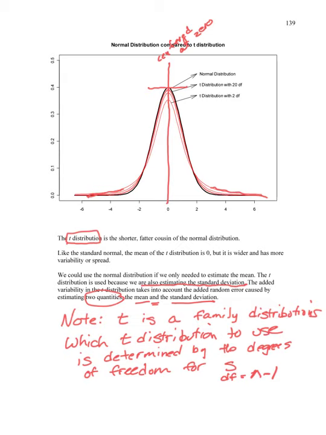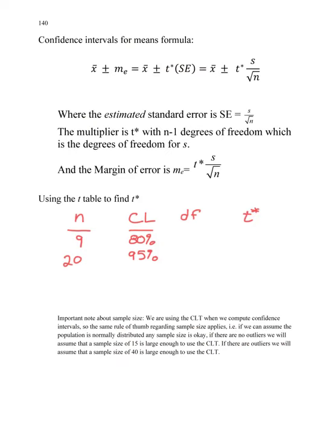So the degrees of freedom for S is what's going to determine which t to use. Putting that all together, our confidence interval formula for sample means is x bar plus or minus t star, instead of z star, times S over the square root of n for the standard error.